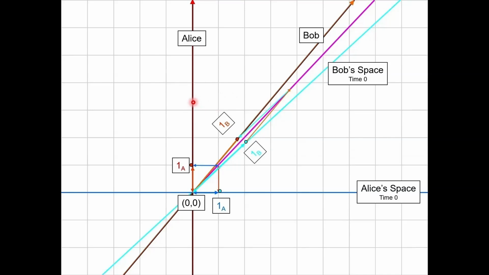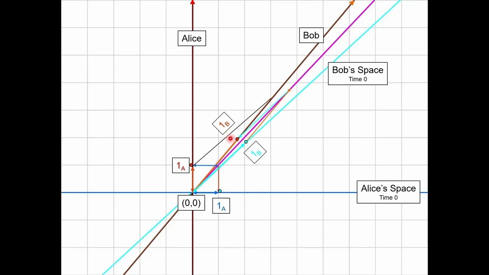Now let's see how they see each other's coordinate systems. Let's start with how Bob sees Alice's 1 second. So this is Alice's 1 second, and we go along a parallel line to Bob's space.